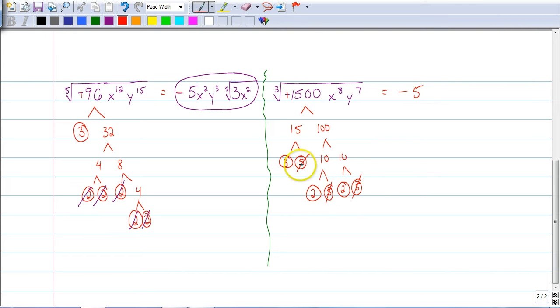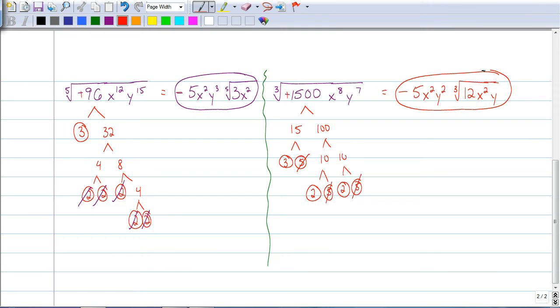I'm left with 2 times 2 times 3, or 12 under the radical. And now let's go to the x and the y. 3 goes into 8 2 times with the remainder of 2. 3 goes into 7 2 times with the remainder of 1. And there's your answer.